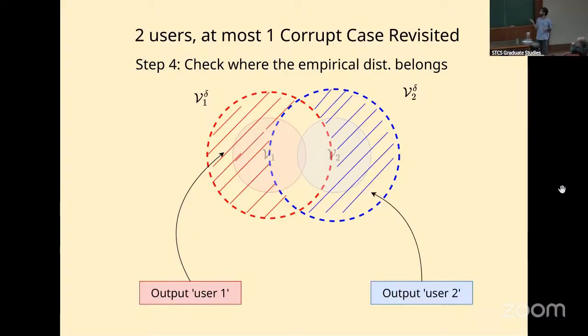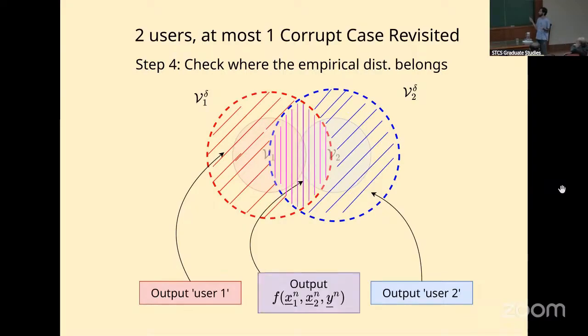Similarly for user 2, if it is on the other side, it's probably user 2. But what do you do if it is in the intersection? It could be that user 1 generated it, or user 2, so you don't know which user is corrupt. So you just output the original function f on the sequence that you received. And this works.